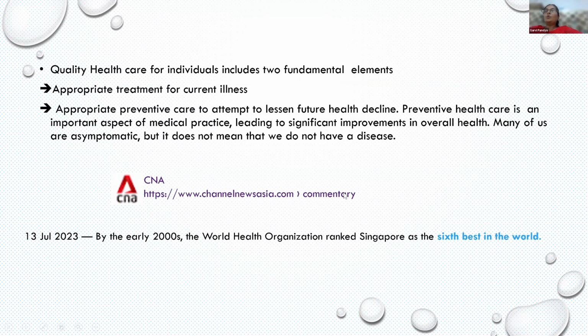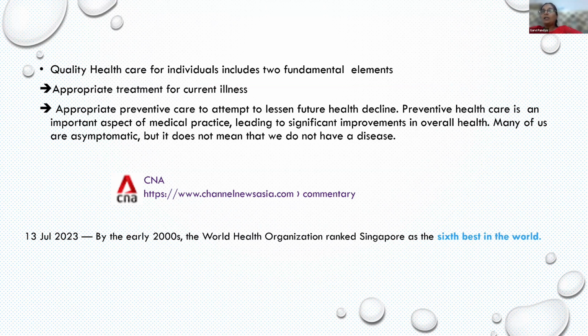Usually when we are looking at the quality of healthcare, we are looking at two things. One is the appropriate treatment of the current illness, and the other is appropriate preventive care to attempt to prevent future health decline or functional decline, which also includes complications. Even though patients are asymptomatic, we are supposed to treat them, which can reduce the future burden of the disease.